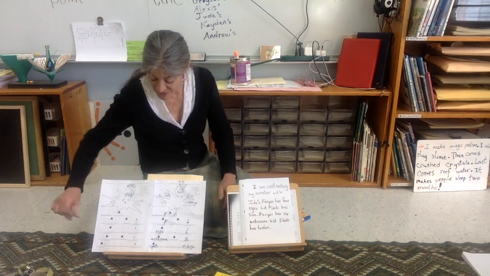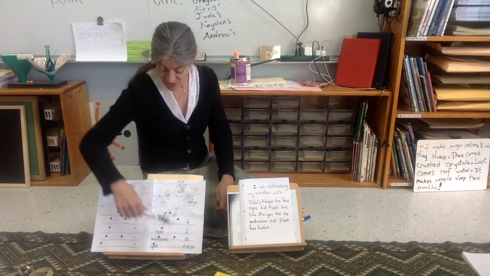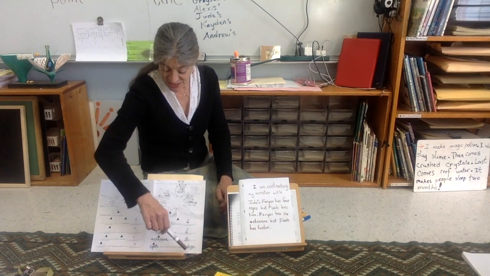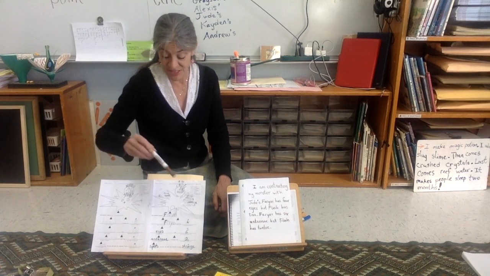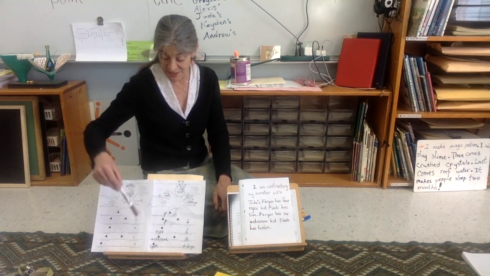Last of all, I'm going to write the difference. Do you see what Alder said? Farius is strange, but Jude said that Flash is scary. So I'm going to put Farius is strange, but Flash is scary.